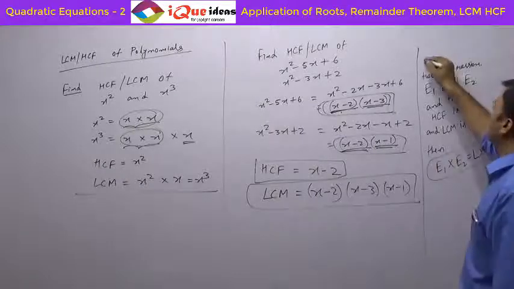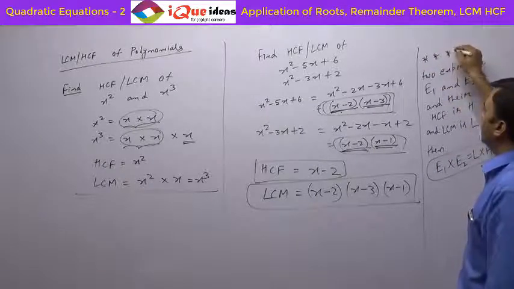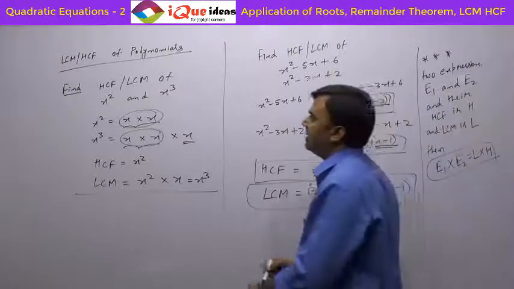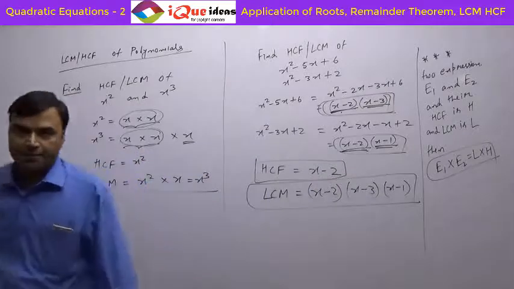So this is a very important rule that is applicable for numbers as well as expressions also. Okay. Now let's take a couple of questions on LCM HCF and then we'll wind up this chapter.